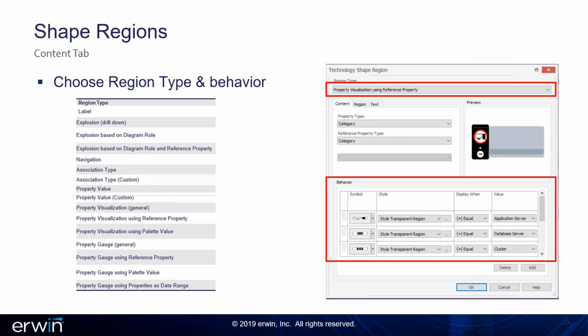So this is going to allow us to choose a category, and it will look different based on the value chosen for the category. So what we've done is we've gone through the behavior here, and we've specified, depending on which value is chosen, which icon we wish to have, which symbol. And the symbols can be brought in from any tool.